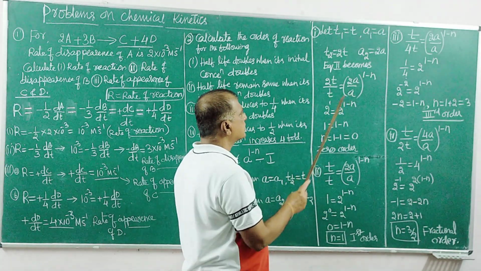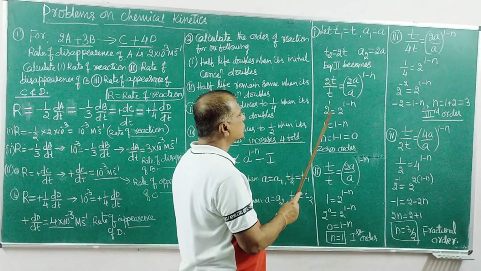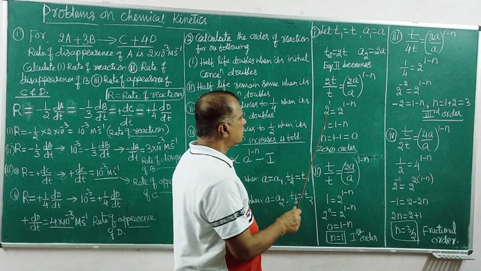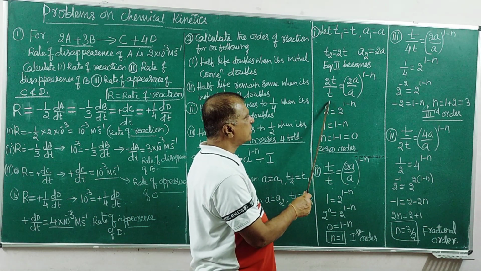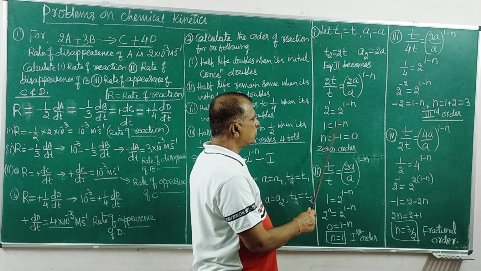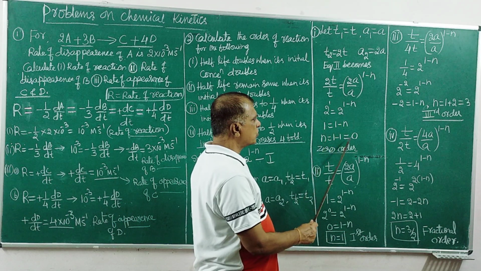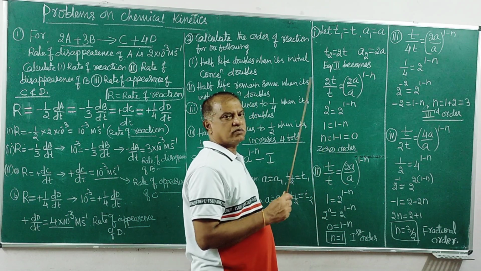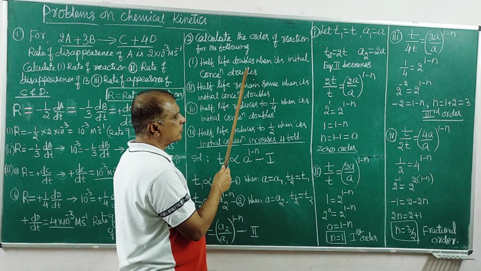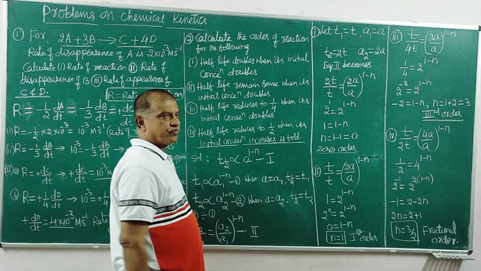T and T cancel, A and A cancel. This gives 2 equals 2 to the power of 1 minus n. The bases are the same. Equate their exponents and calculate for n. n to this side, 1 to this side. n equals 0. This is a 0 order reaction. So for this data, the order of reaction is 0.